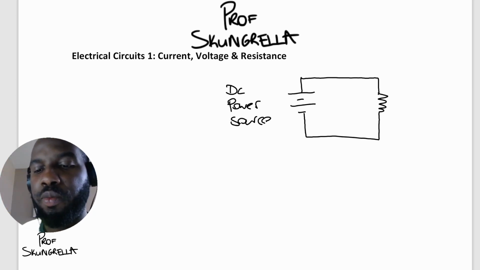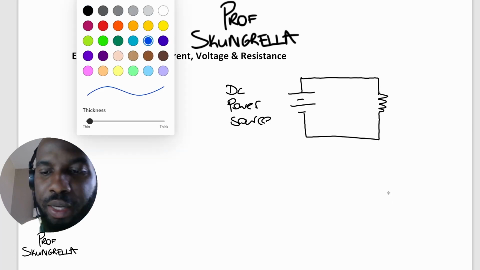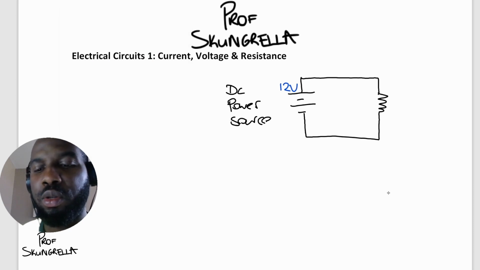Again, last time we established that we have a voltage present here. Say this is the battery, and maybe we have a couple of batteries together, and this is giving us 12 volts, right? This is going to cause current to flow.